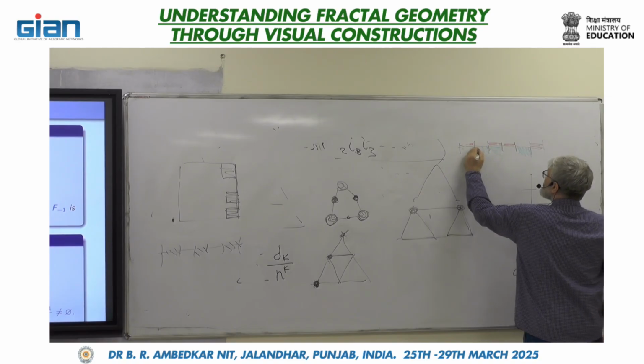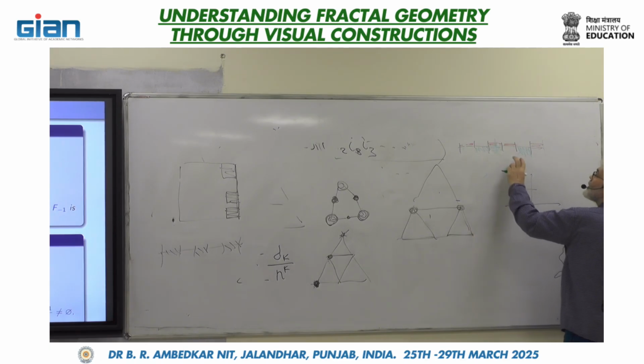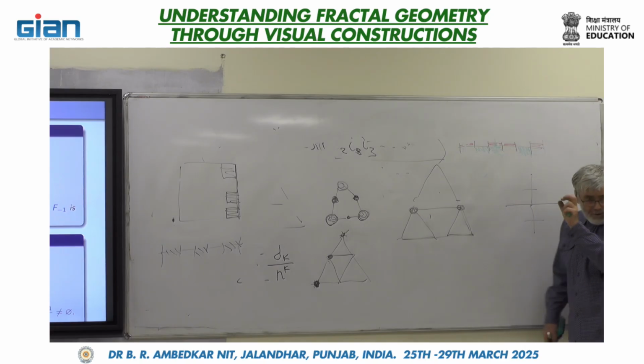In that case, there will be a fixed point, and the intersection may be countable, or it may be 1 point.